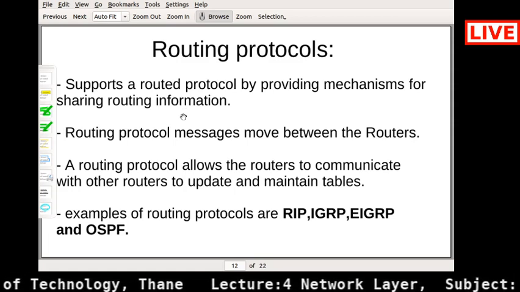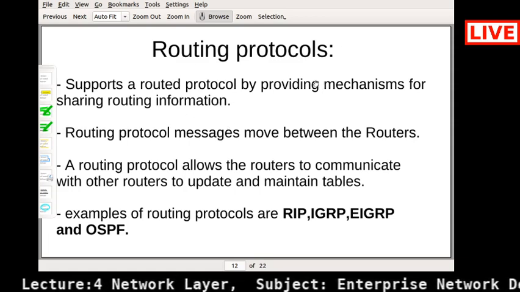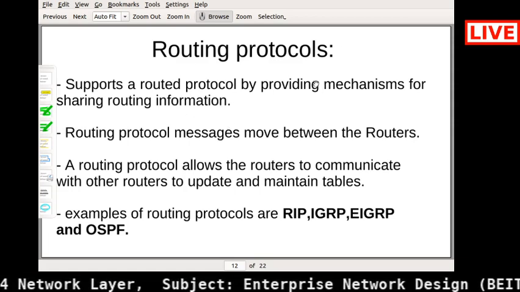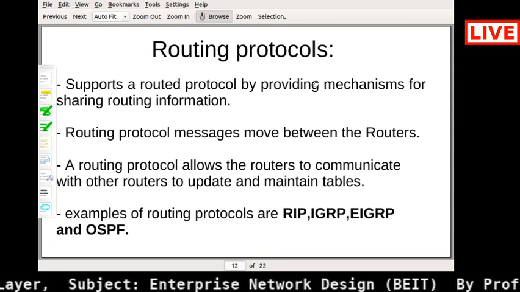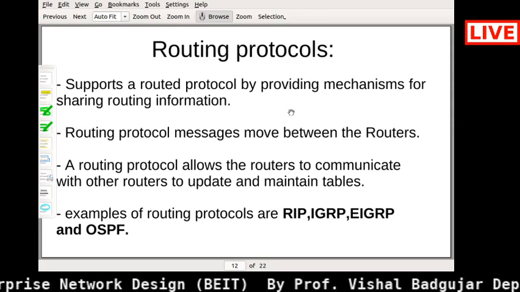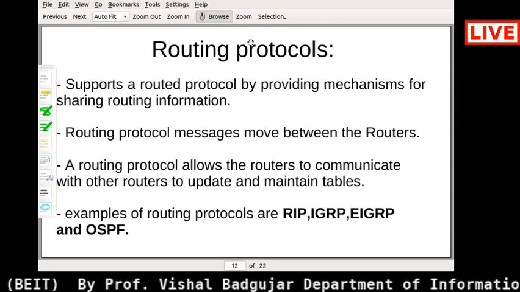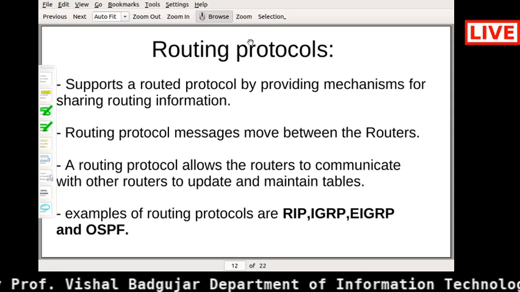What does a routing protocol do? Routing protocol messages move between the routers, and they allow routers to communicate with other routers to update and maintain their tables.